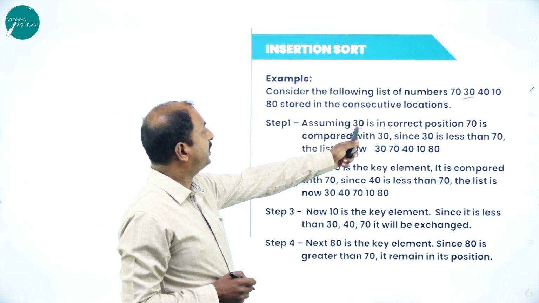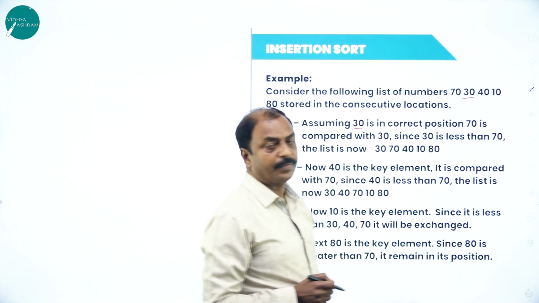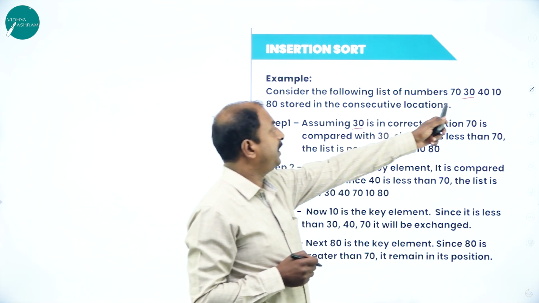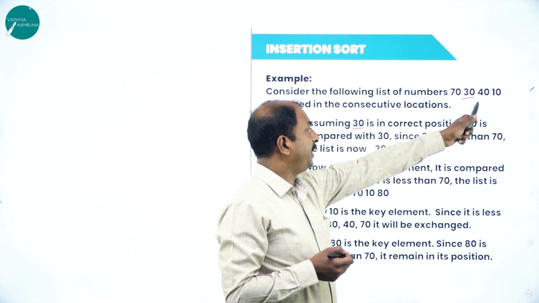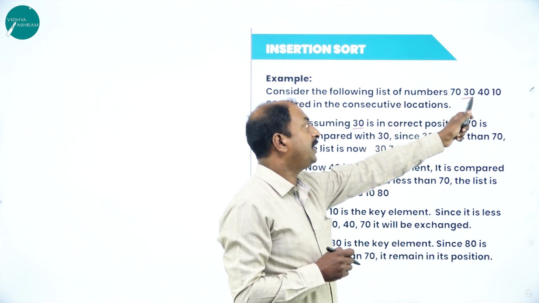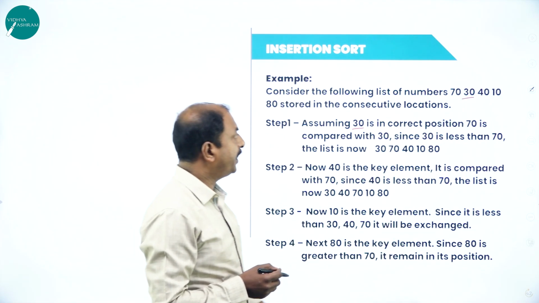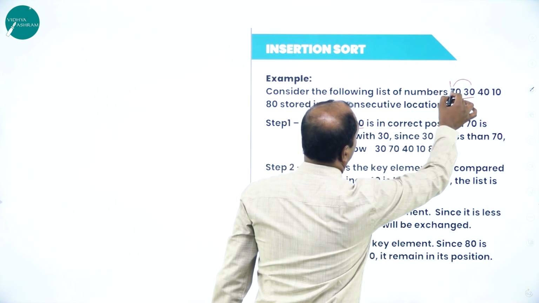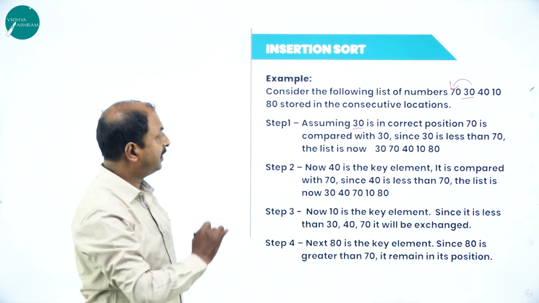First we have to assume that 30 is in its right position. Next, 30 is in its right position. Now look at 70 and 30. 70 is greater than 30 and 30 is less than 70. So accordingly, we have to interchange these two values. First we compare 30 and 70.